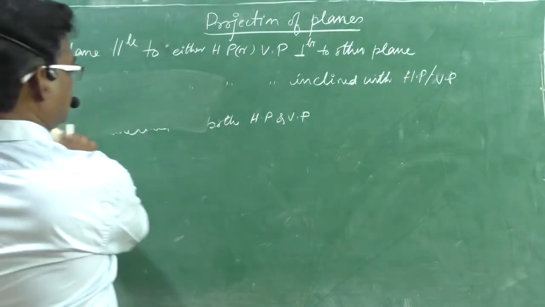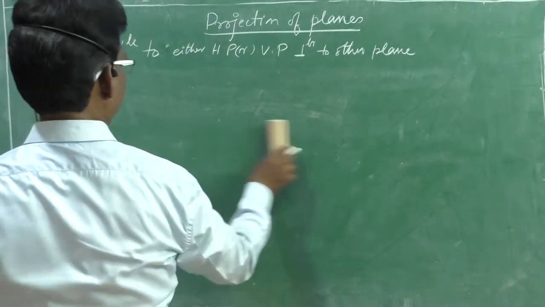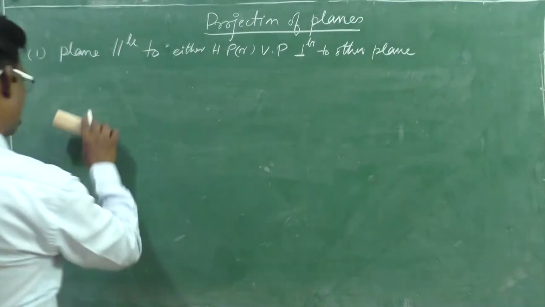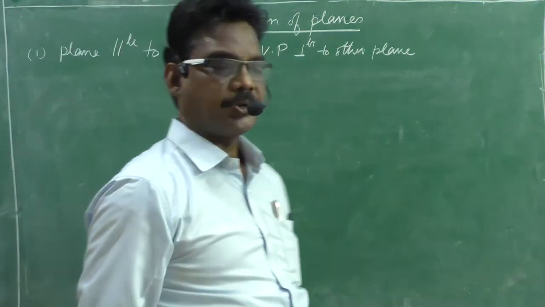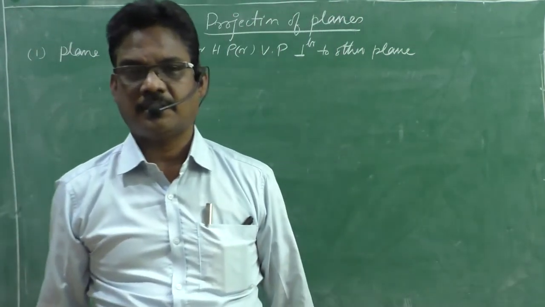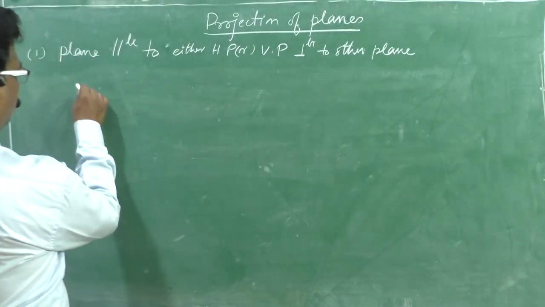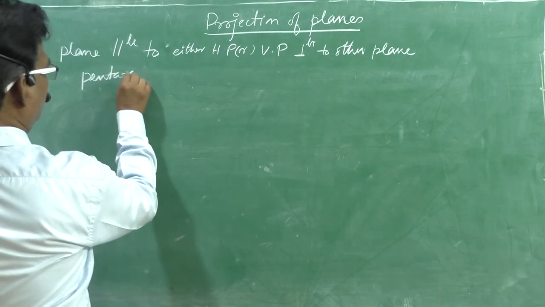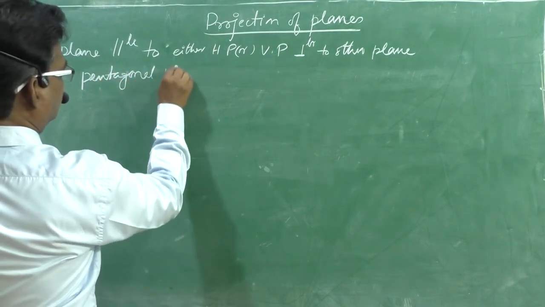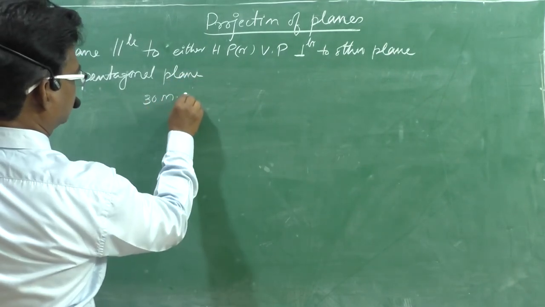Now, for the first case, we will consider the problem. A pentagonal plane of 30 mm side is given in the problem.